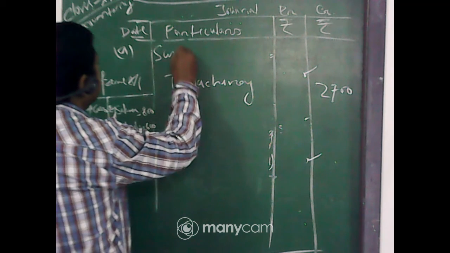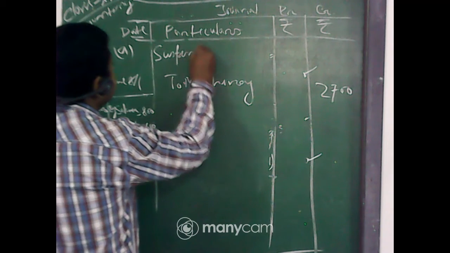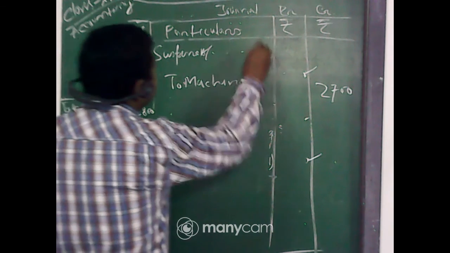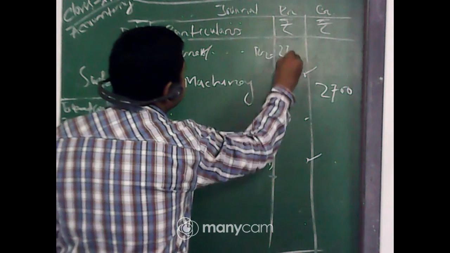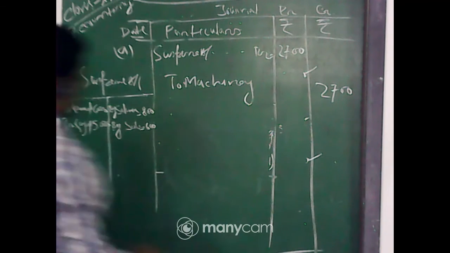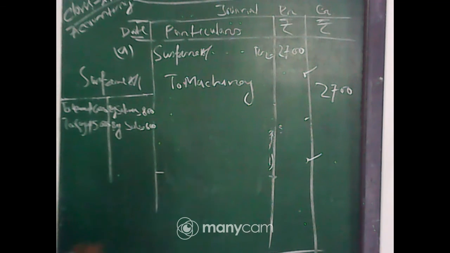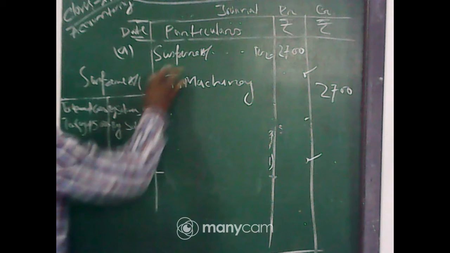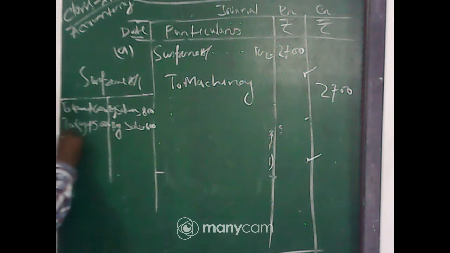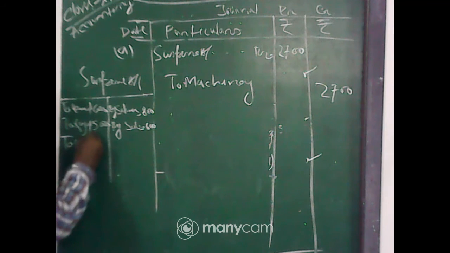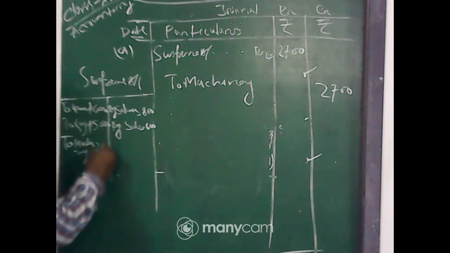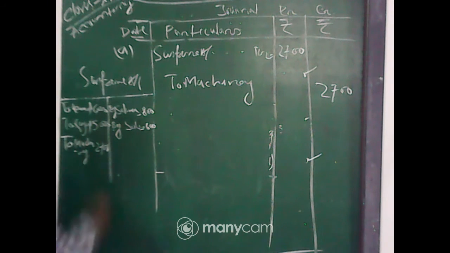Suspense account debit 2700. In the suspense ledger, on the debit side you write: to machinery 2700.